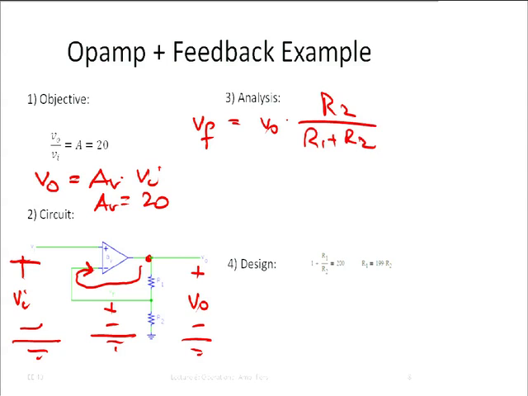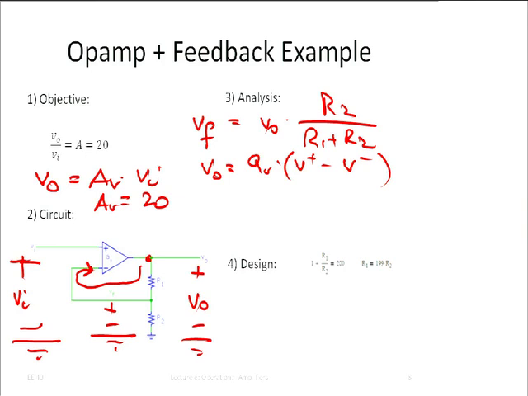Okay? So then we also know that Vout is equal to AV times (V plus minus V minus), where V plus is the voltage from here to ground, and the other one. So we can write that V plus is VI, and V minus, well, that's just this voltage here, that's Vf.